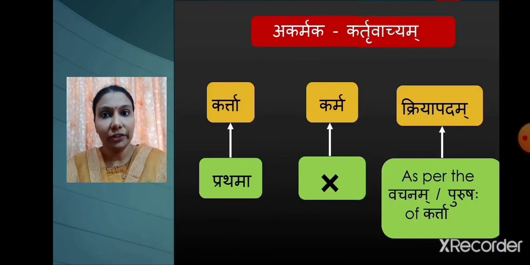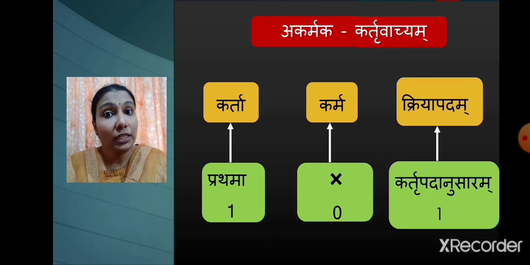In Akarmak Kartruvacham, Karta is used in Prathama Vibhaktihi, Karma doesn't exist in the sentence, and Kriyapadam agrees with the Karta in Vachanam and Purushaha. So the formula for the sentence which is an example of Akarmak Kartruvacham is 1, 0, 1.